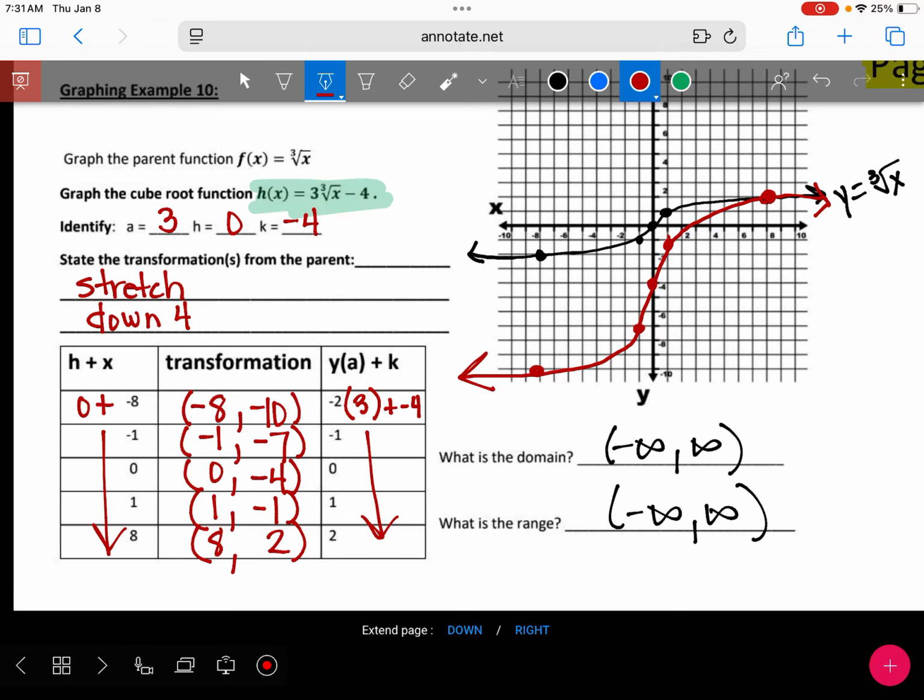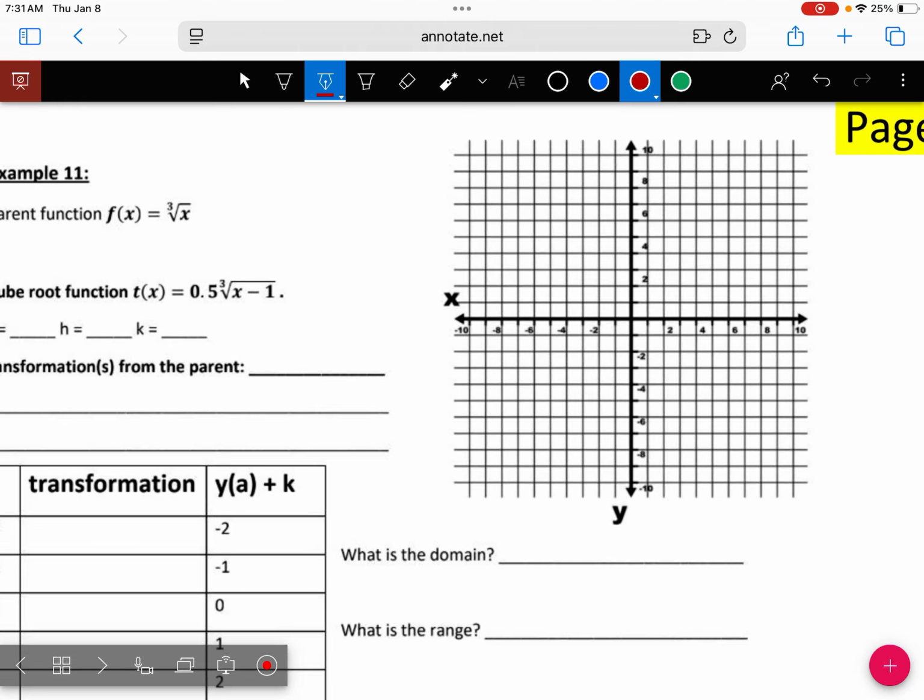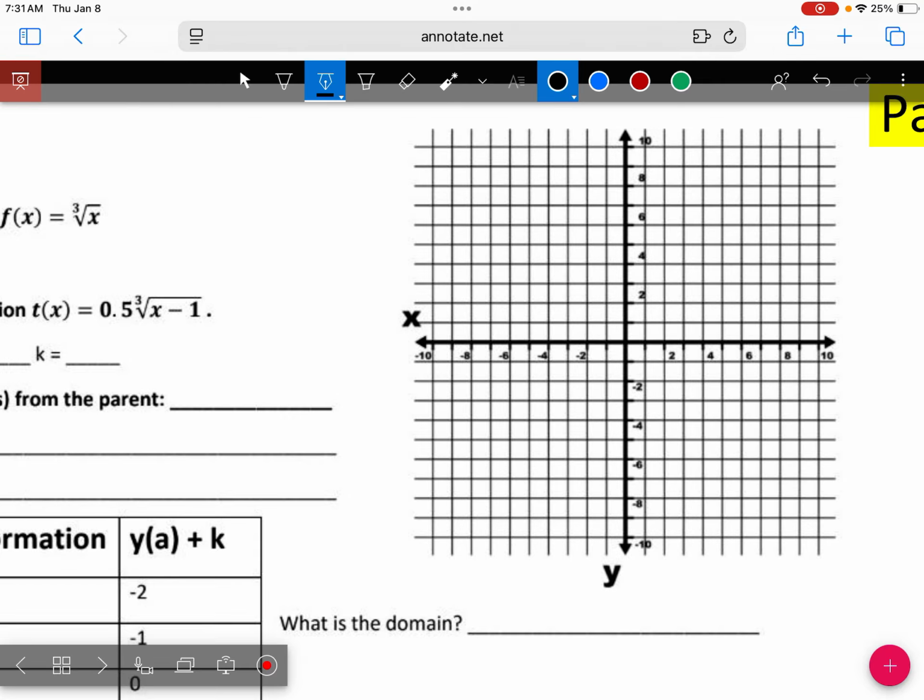Graph the parent again. So let's graph our parent. And we can fill in the domain and range. Oops, I put that point in the wrong place.